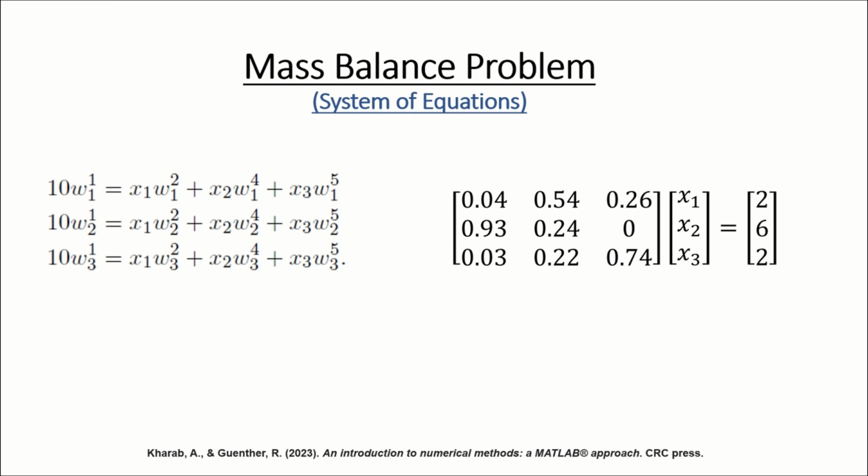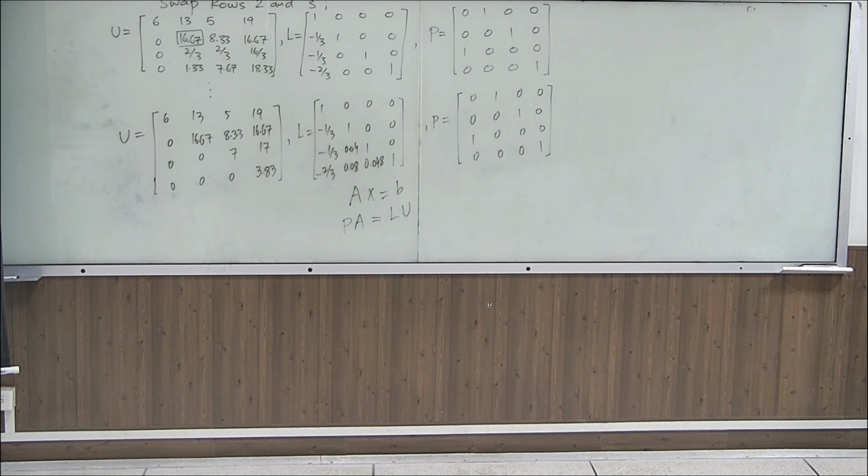If I write this matrix into MATLAB, it is 0.04, 0.54 and 0.26. In the next row I have 0.93, 0.24 and 0, and in the final row I have 0.03, 0.24, 0.22 and 0.74.